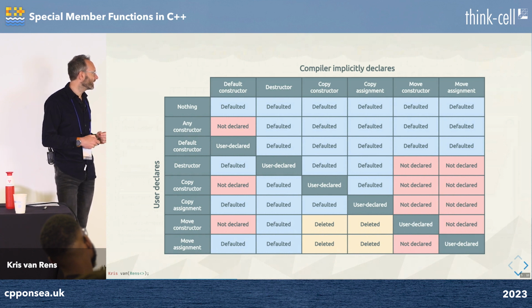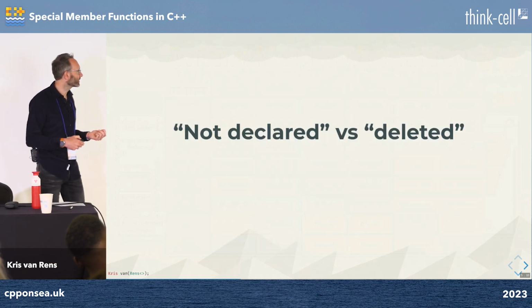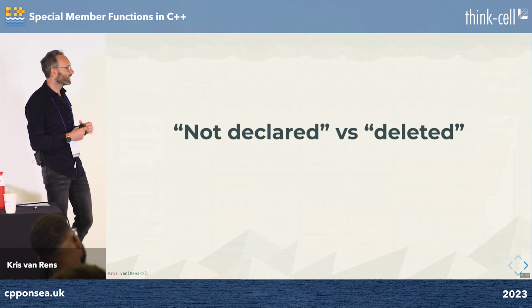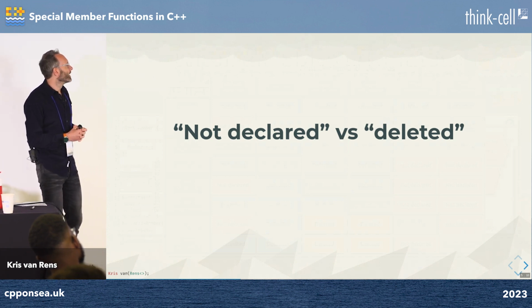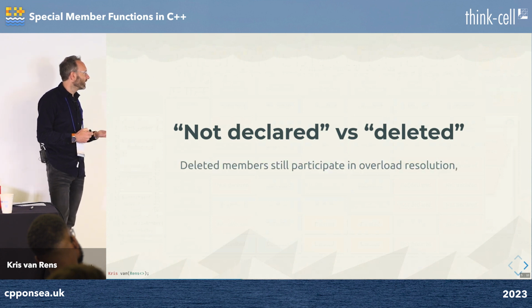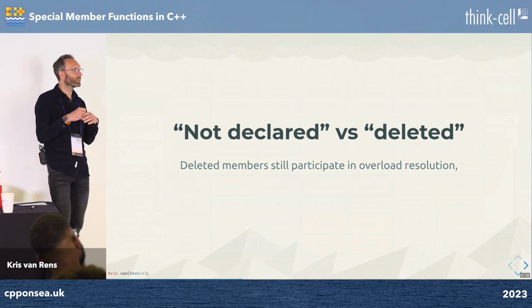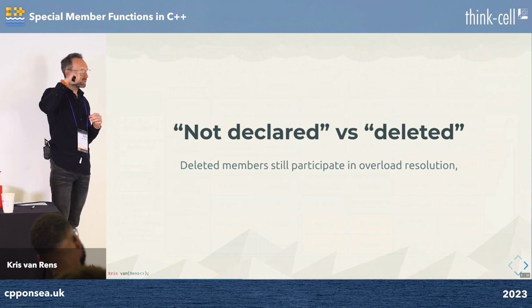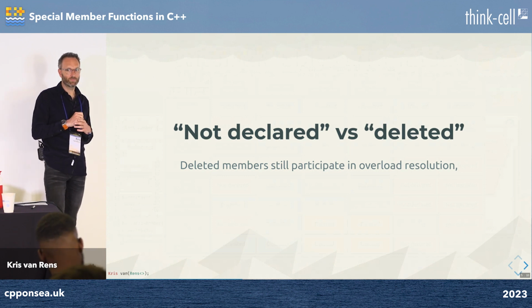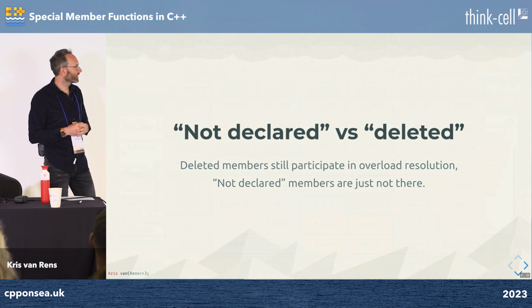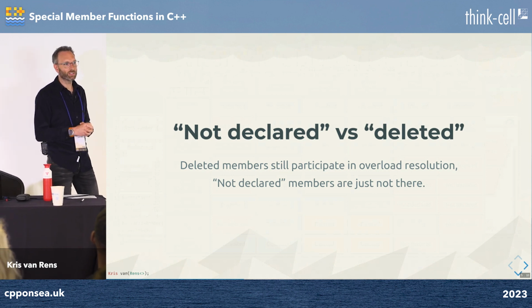And in fact, it is, because what is the difference between not declared and deleted? Deleted members still participate in overload resolution, right? So they were declared, but they are marked as unusable. If a member is not declared, it's just not there, as if you did nothing.